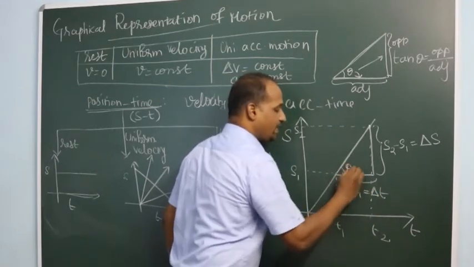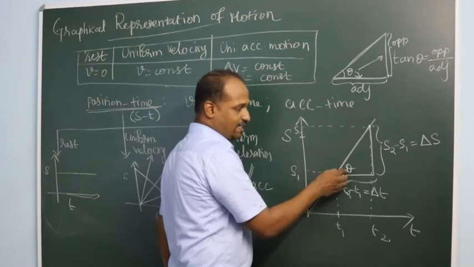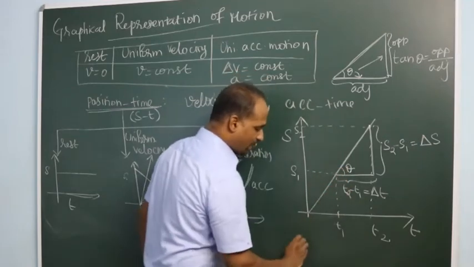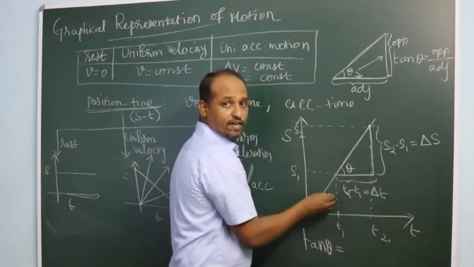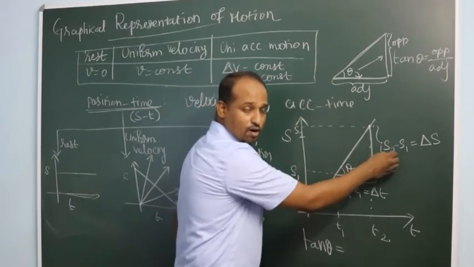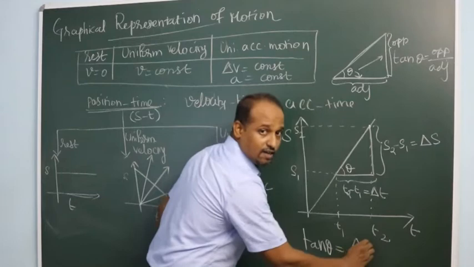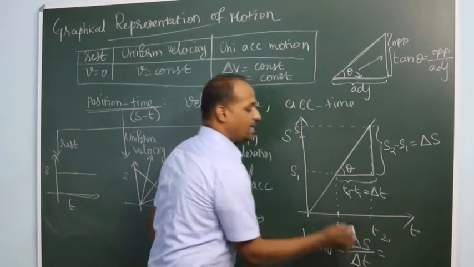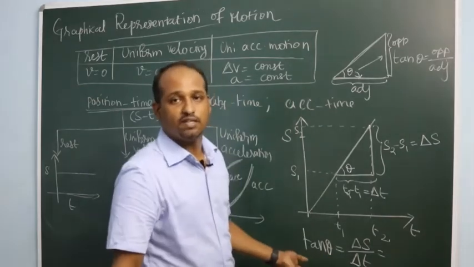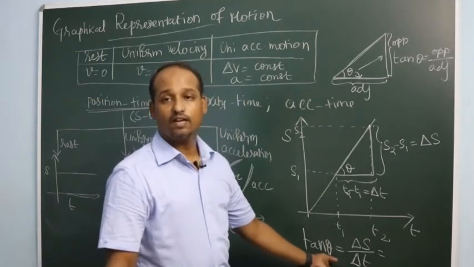Then if you say this angle is theta, what is tan theta? Tan theta is opposite side divided by adjacent side. Opposite side is delta S, adjacent side is delta T. This delta S by delta T, what is change in position? Displacement. What is time taken? The time interval.